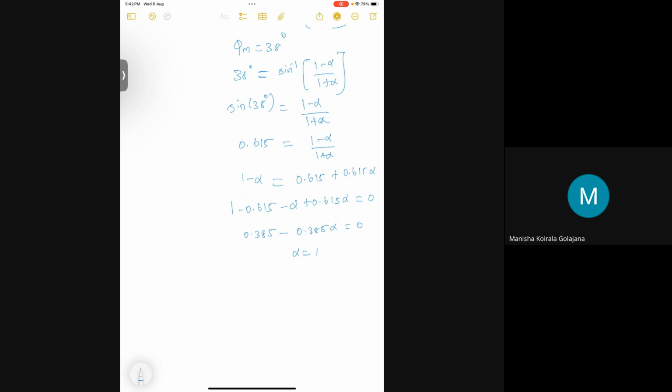It will be 1 minus 0.615 minus alpha minus 0.615 alpha.